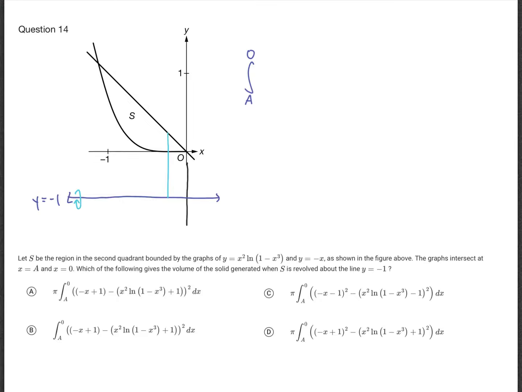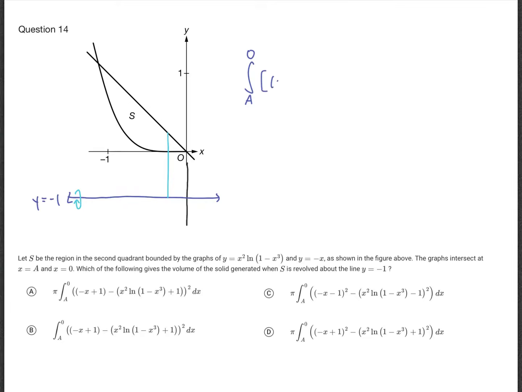So you can see, like, if x is -1/4, then this distance is +1/4, and that looks about right. But we want the distance from here all the way down to this line, y equals -1. So this is -x, and then this is 1, so it's really -x plus 1. That's the outer radius.